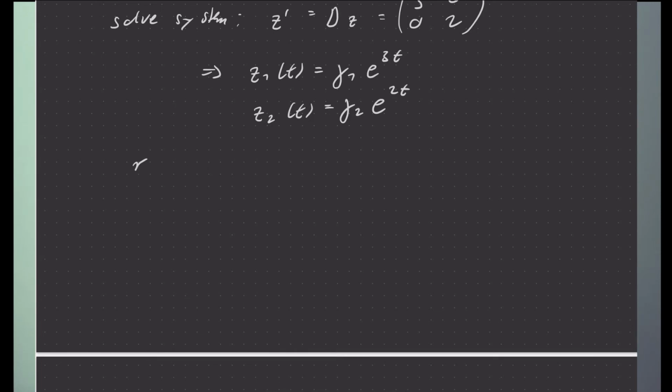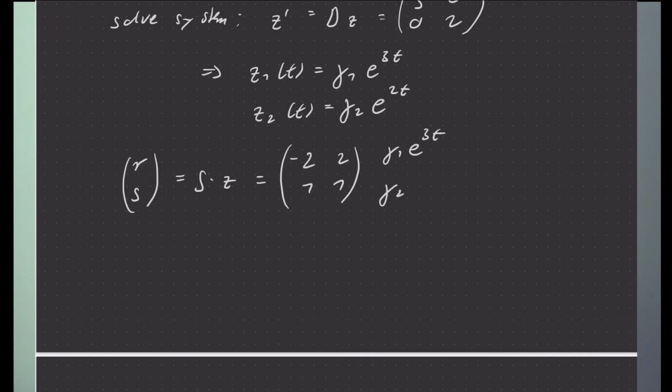For us, that means our solution R, S is equal to S times C. S was the matrix minus 2, 2, 1, 1, times gamma 1 e to the 3t, gamma 2 e to the 2t.